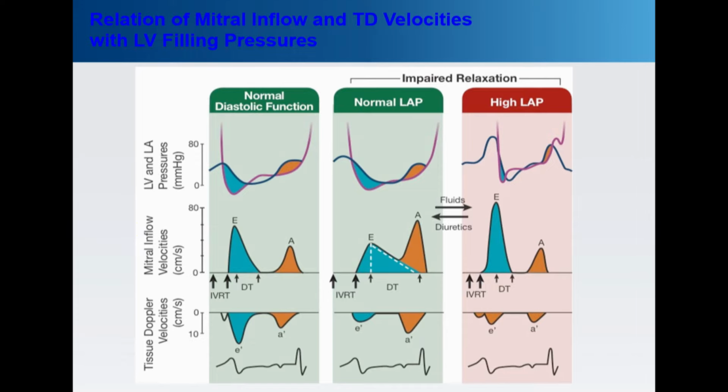The ventricle motion can be looked at, and we look at the annular motion. In diastole, the annulus recoils away from the apex, and we get a small recoil during the isovolumic relaxation period, then during early diastole and during late diastole.